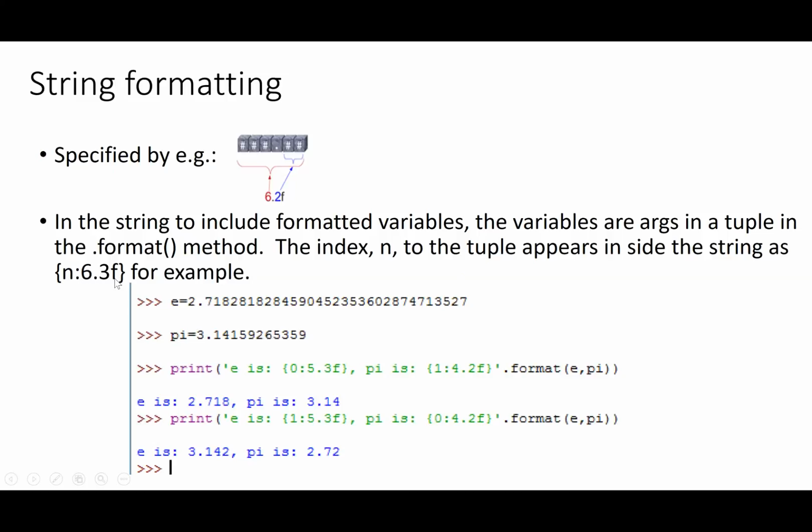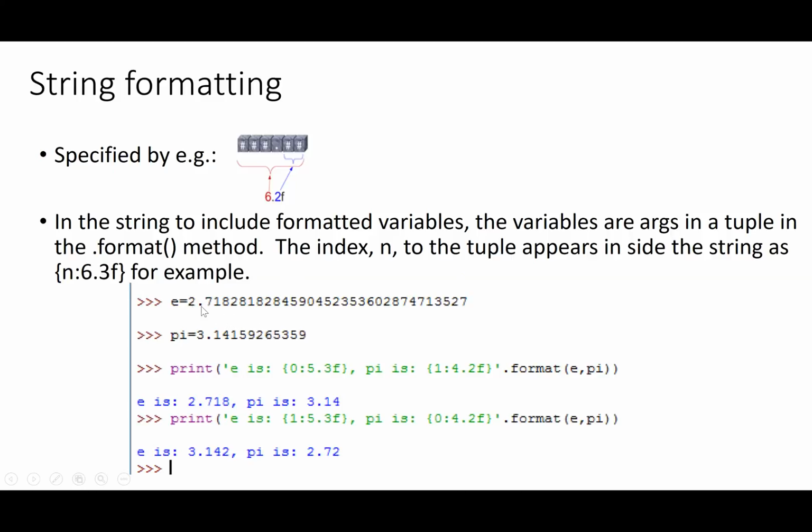The second one is this format statement here. I've actually put 6.3f, but it's this format statement here. And then you use the .format method to pass the arguments as appropriate corresponding to this index in the string. I know that sounds a little tortuous, but it's actually quite easy, so let's use it.